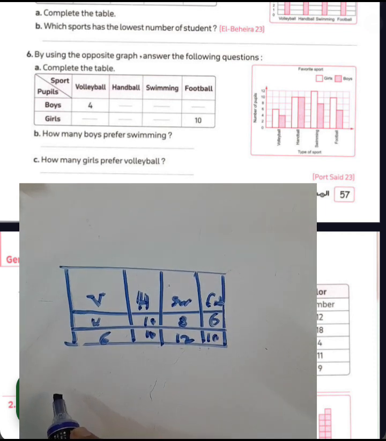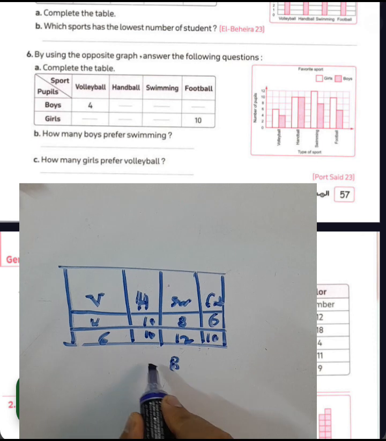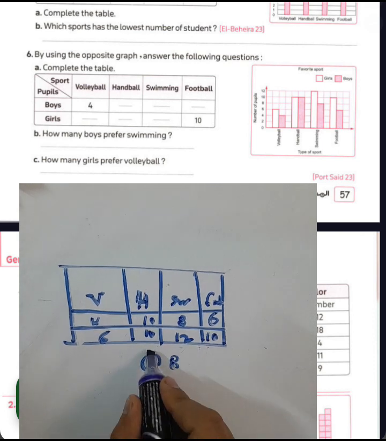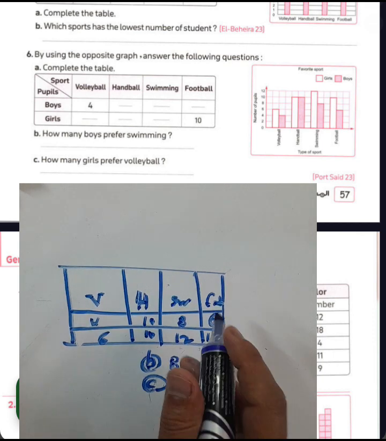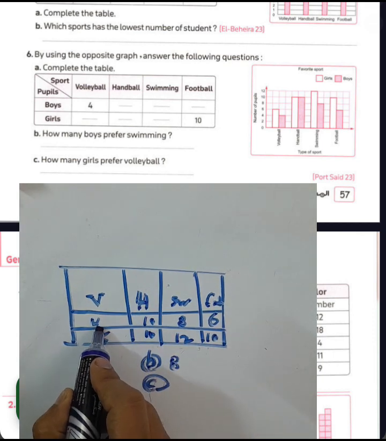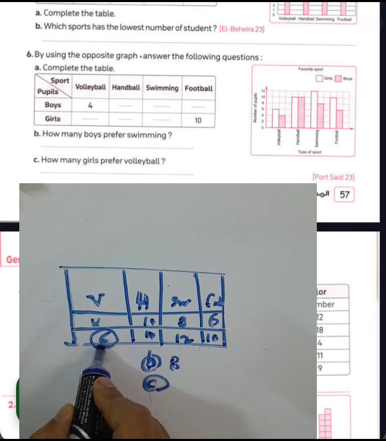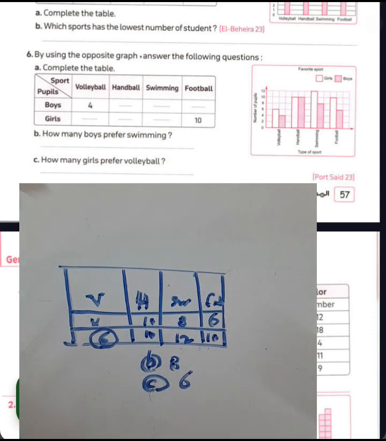Okay, how many boys prefer swimming? Swimming was 8. Letter B. Letter C, how many girls prefer volleyball? Volleyball, the girls was 6. Okay.